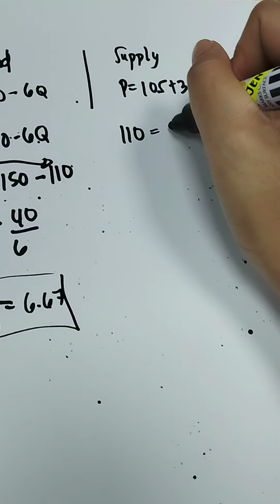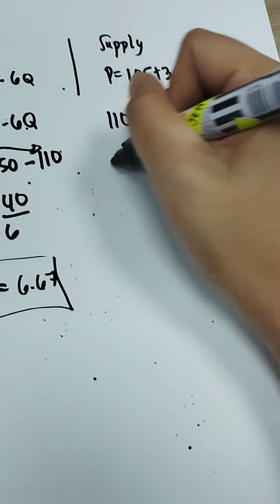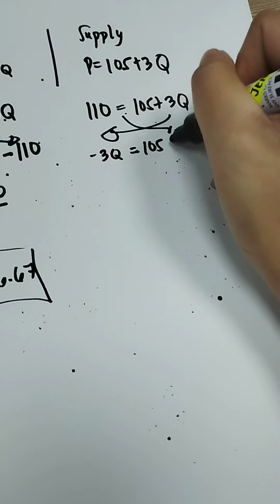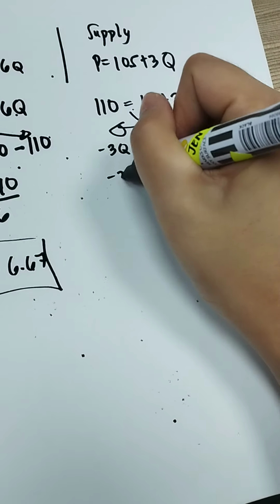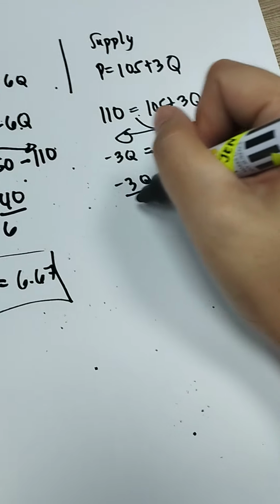Now this one is 110 is equal to 105 plus 3Q. Again, let's transpose: negative 3Q is equal to 105 minus 110. Negative 3Q is equal to negative 5. Okay, divide both sides by negative 3.